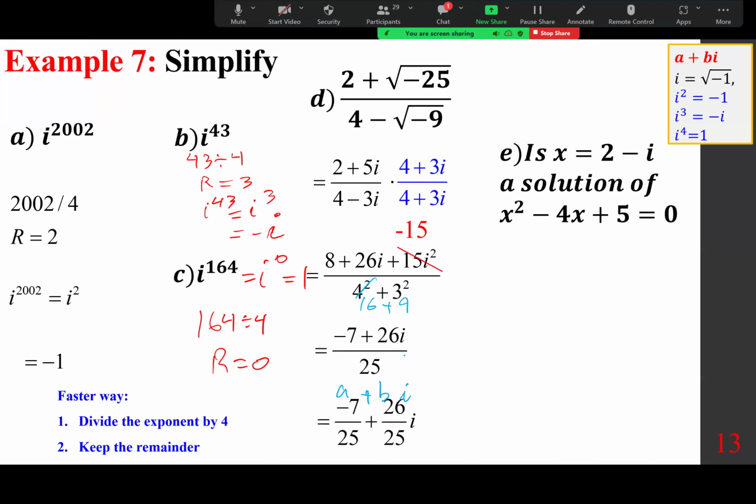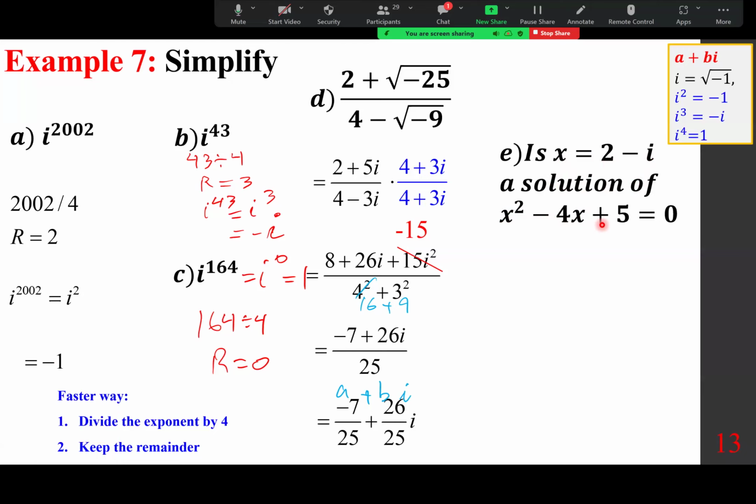So let's look at this question. The question is: is x equals 2 minus i a solution of the equation x squared minus 4x plus 5 equals 0? Well, you have to check, meaning you have to plug in.